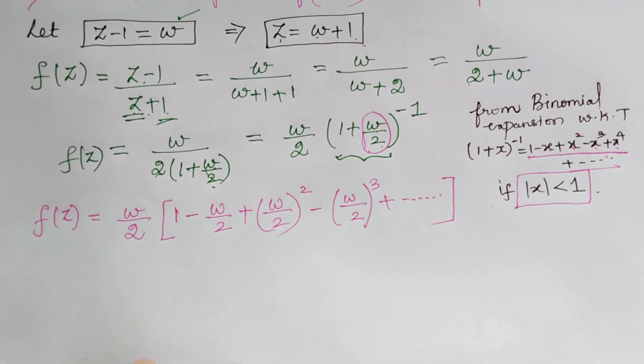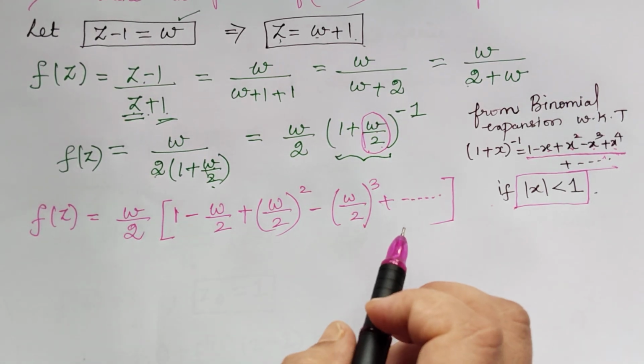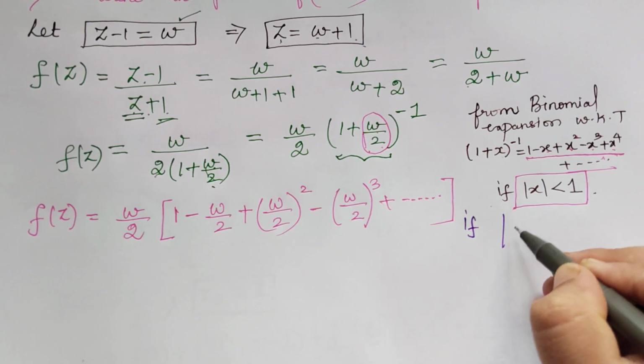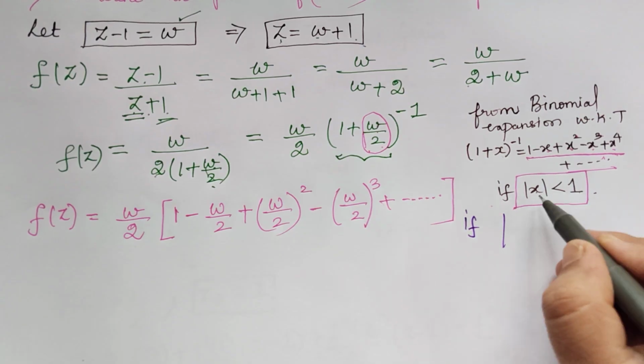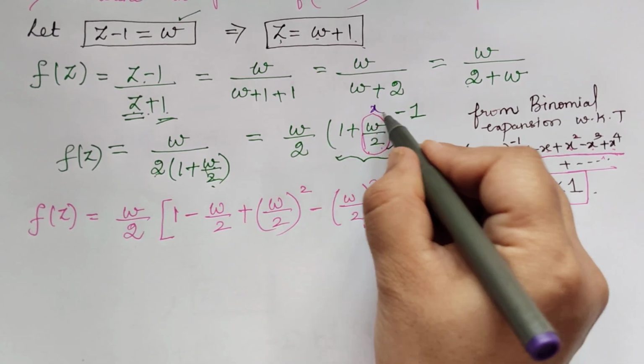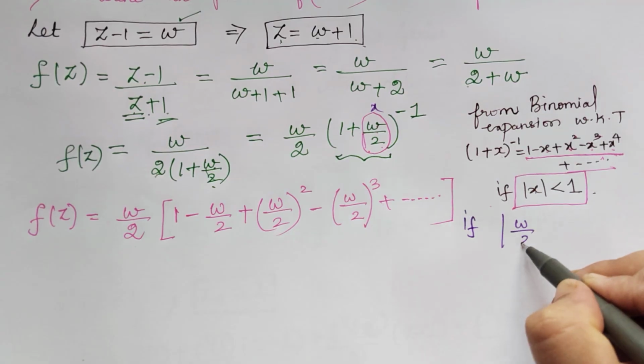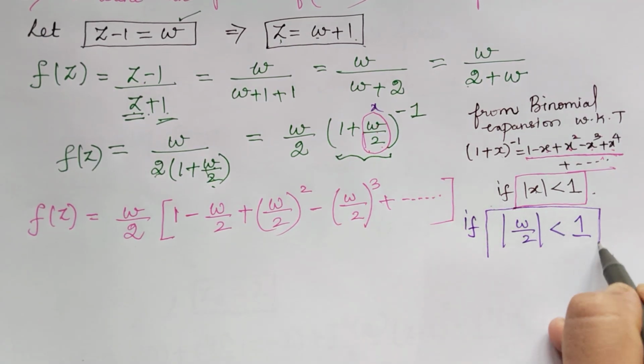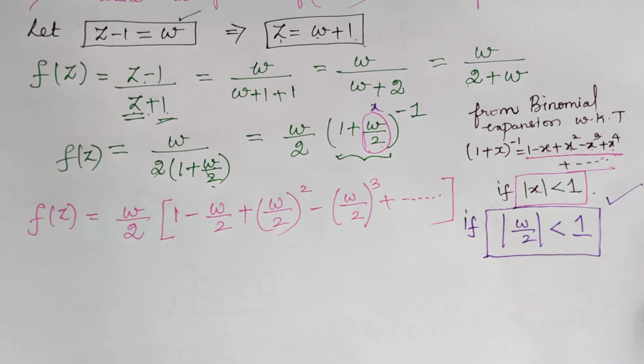Now we shall multiply this w by 2 within the bracket. And this expansion is valid if modulus of x is less than 1. What is x here? w by 2. So w by 2 is lesser than 1. This will be helpful for us to find the region of convergence.